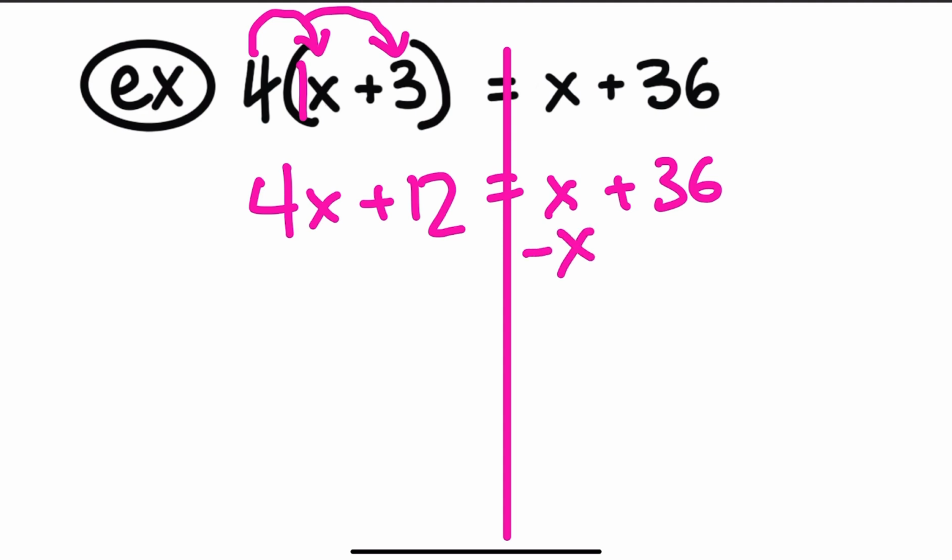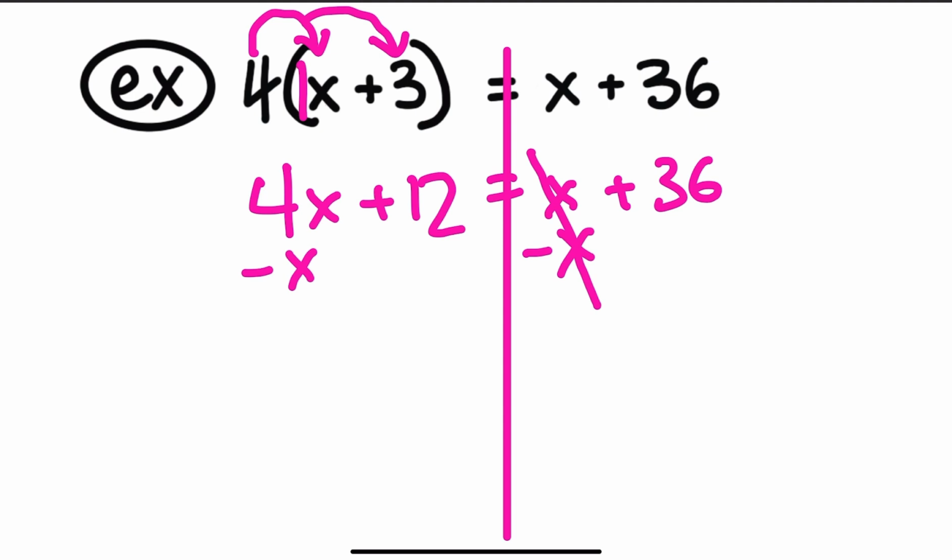But really important here, if I have an x, I have to take it away from the other x. I cannot take it away from the 12. That's not going to work. You can only take x's from x's and constants from constants. So what I'm going to end up with here is my x's on this right side go away, because I just subtracted an x from an x and I got 0.